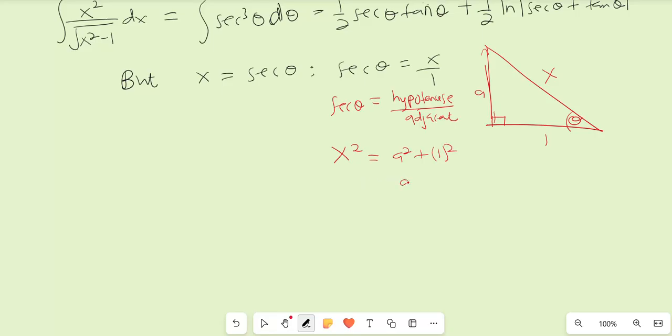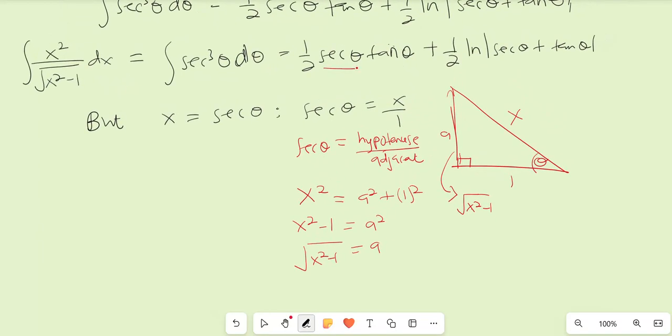So A squared equals x squared minus 1, which implies that A is the square root of x squared minus 1.